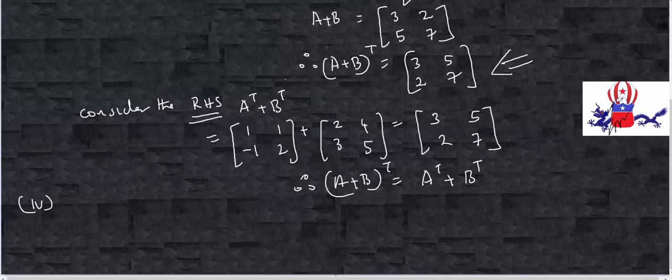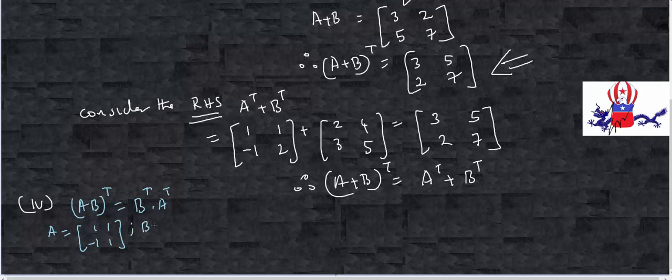We are going to be checking property number 4, which is (AB), the whole transpose, would give us B transpose times A transpose. Now, let us take the matrix A as [1, 1; -1, 1], and matrix B to be [1, 0; 2, 1]. Let us perform the operation AB. AB would be equal to matrix A, [1, 1; -1, 1], multiplied with matrix B, which is [1, 0; 2, 1].